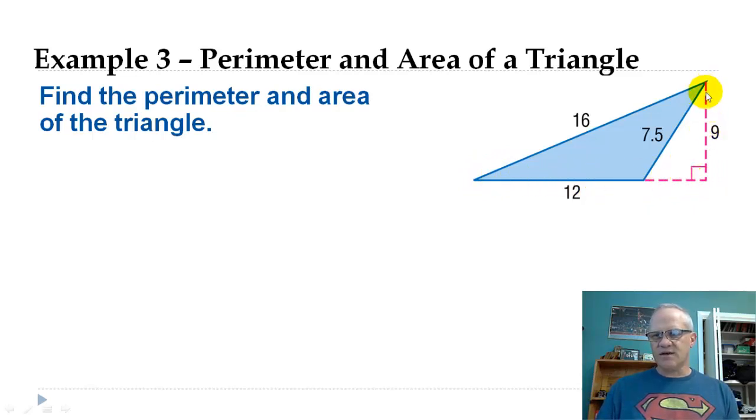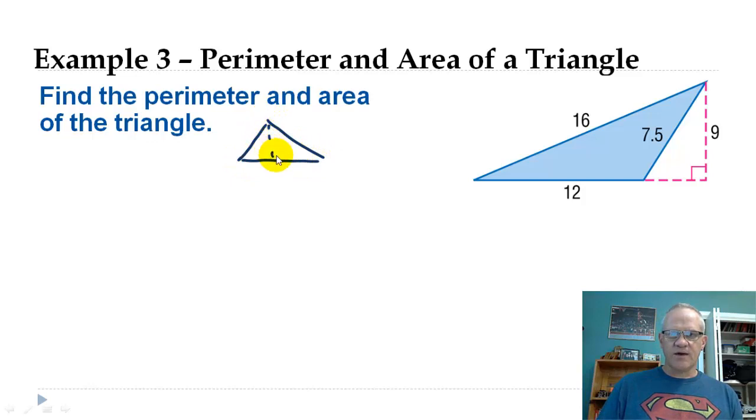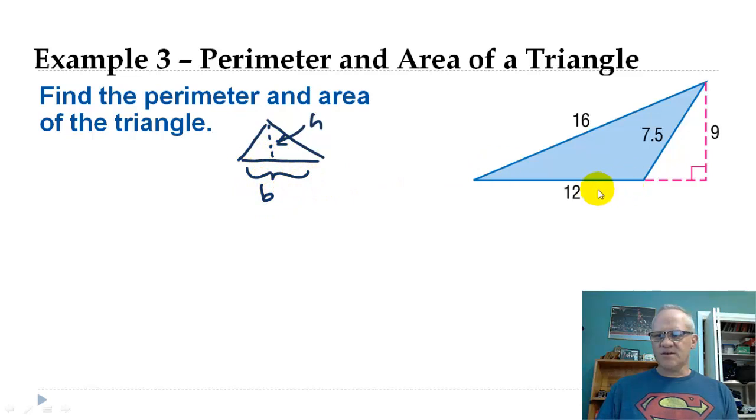A lot of times the height would be drawn inside the triangle, like if you had a triangle like this, that would be your height, and this is your base. But in this case, it's drawn outside. I wanted to do one like this because a lot of times people have questions on this kind.